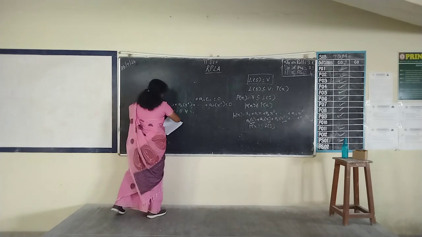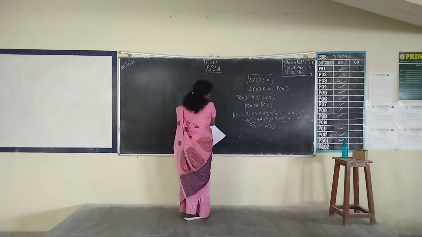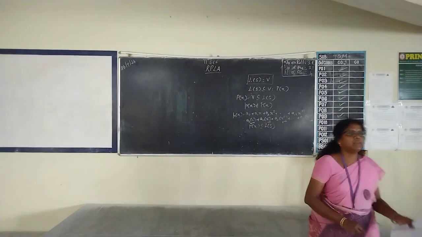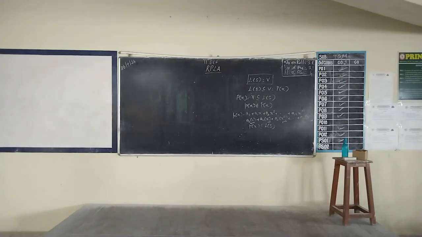Definition. A vector space is said to be finite dimensional if it contains a basis with finite number of elements.